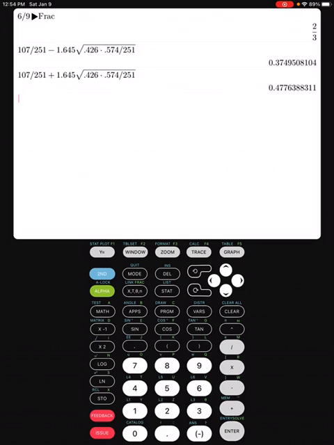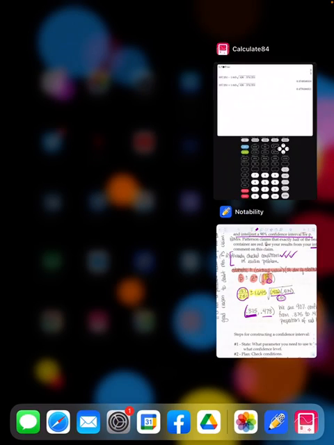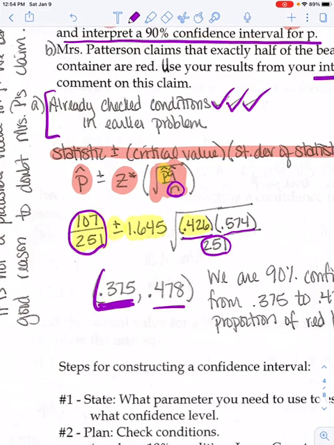And that just helps avoid hitting the wrong button, typing something in wrong. So super easy. Just get up on there, hit enter, it brings it back down and allows you to edit it. So I'm going to change that to a plus. And so now I get 0.478 for my top interval. And that's where he came from.